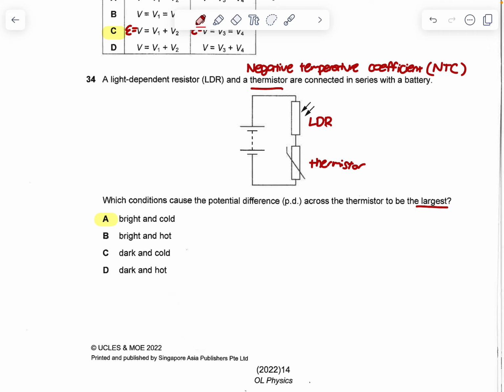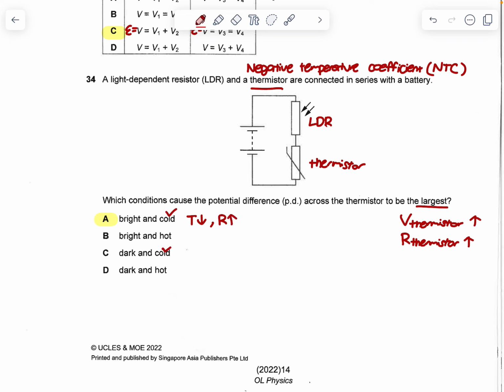So if you want the largest PD for the thermistor, you want the resistance of the thermistor to be the largest. And for the thermistor to have the largest resistance, the temperature must drop, because with a negative coefficient, resistance will increase.